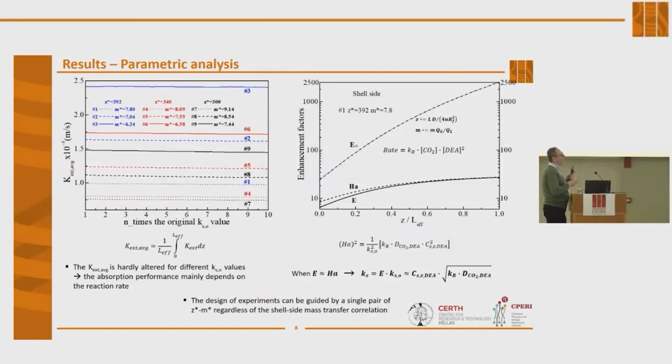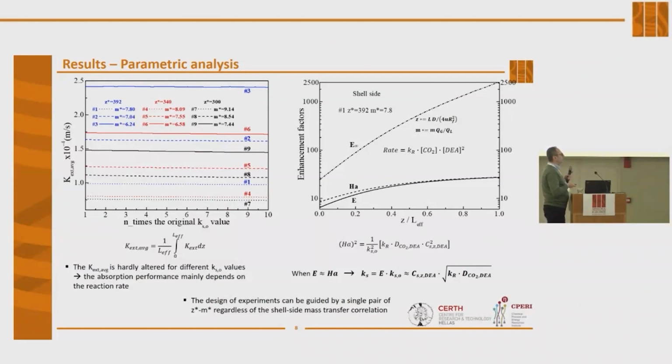Here is a parametric analysis of the cell side mass transfer correlation. We know from the literature that the cell side mass transfer correlation values range a lot. We don't know actually this value. The KSO value refers to the physical absorption case before enhancement, before applying the reactive conditions.